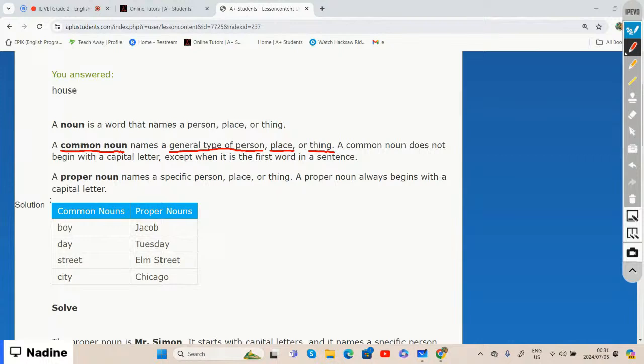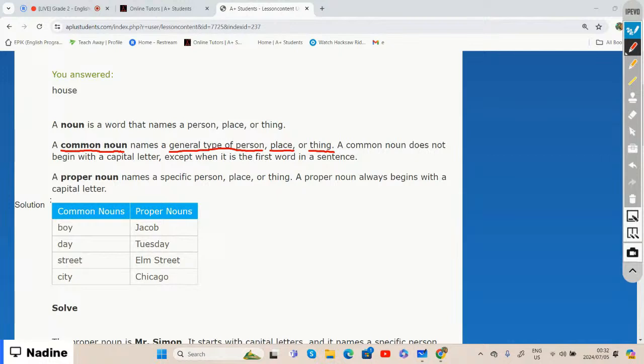The same with animals, right? Instead of, for example, giving the name of your animal, instead of saying Spotty as your animal, you can just say dog, cat, mouse, and so on. The same with things. Instead of naming them, you say laptops and general things, your hat and your clothes or whatever, right? And then it's your places, right?